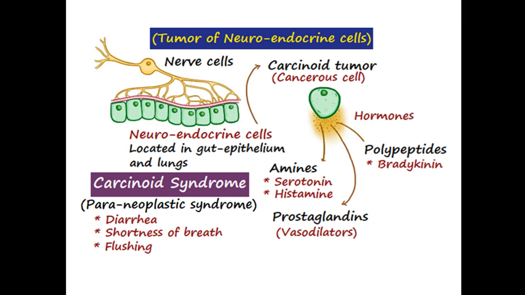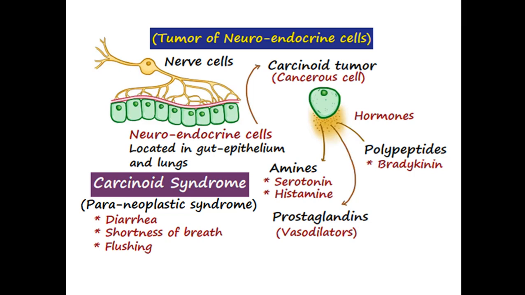But you think that if the tumor suppressor genes become mutated, they will lose their control on the cell division, and in this situation cells with genetic mutations will undergo cell division, and the result is the formation of a tumor, and in this case in the neuroendocrine cells it will lead to the formation of the carcinoid tumor.